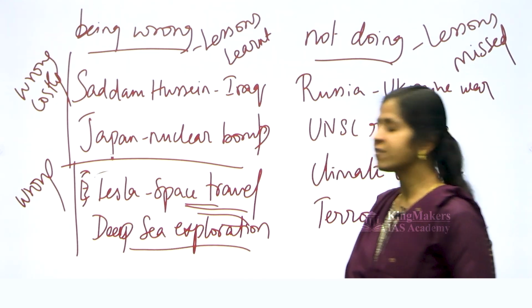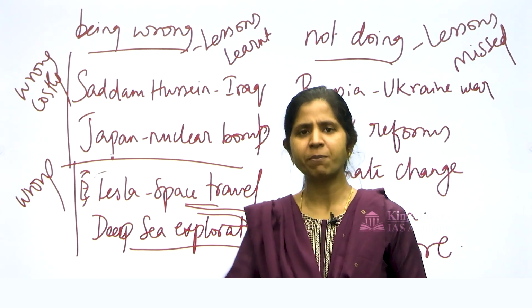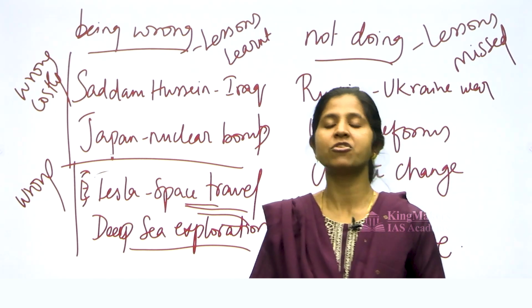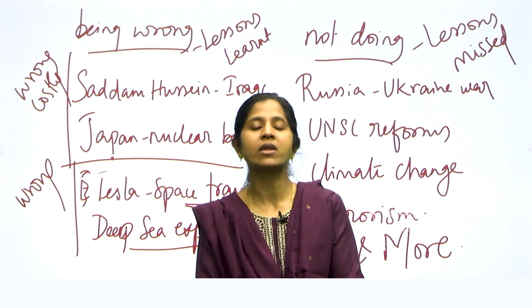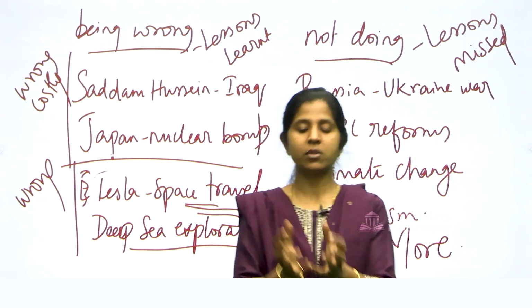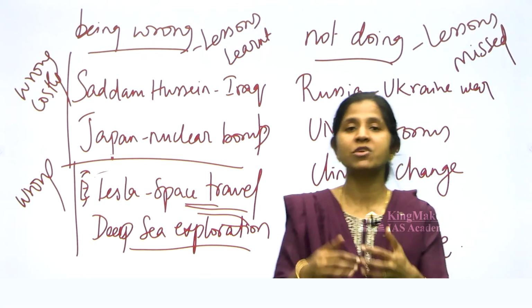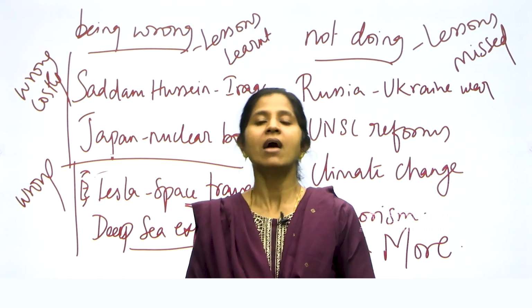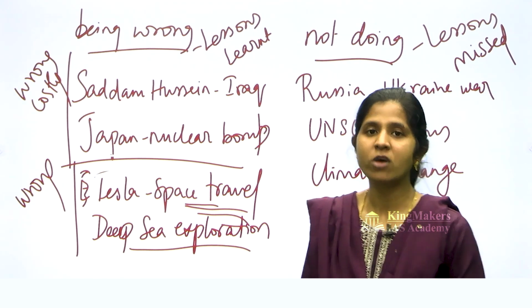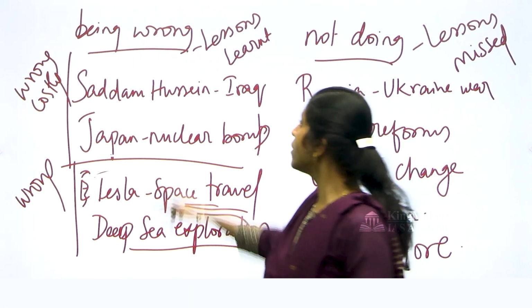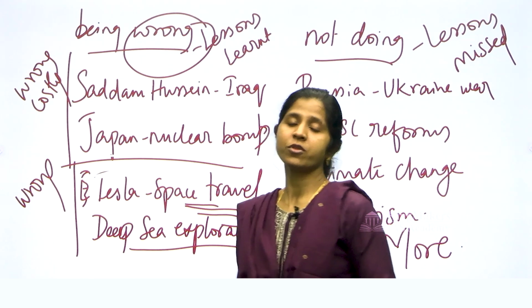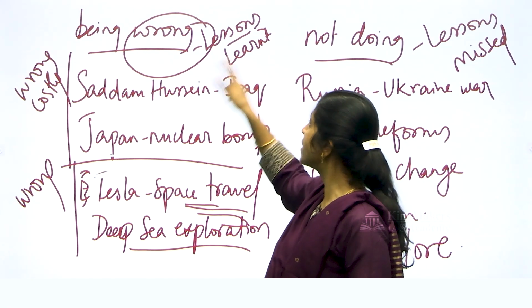Recently there was a deep sea exploration, but it failed. The millionaires who were traveling to the deep sea, the vessel in which they were going blasted and the lives were lost. So there are certain things where it can go wrong, and you have to learn lessons from that.